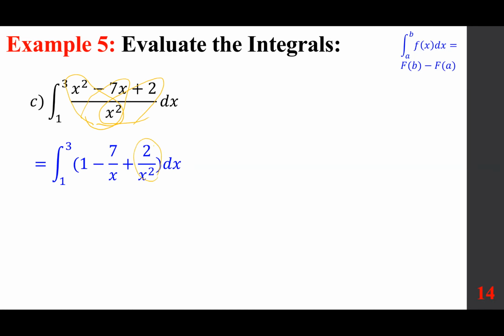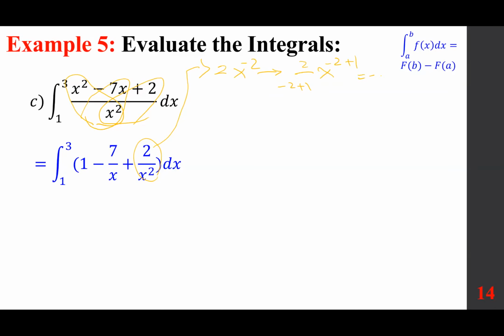And I'm going to remind you what we did for this guy. We wrote it as 2x to the power of negative 2. And the integration is 2 over negative 2 plus 1, x to the power of negative 2 plus 1. You can find it in your notes. The denominator is negative 1.